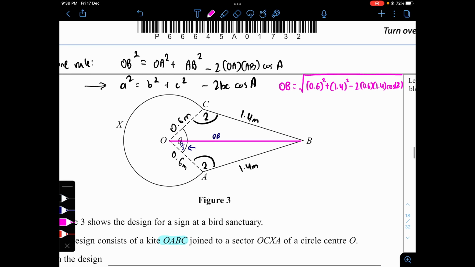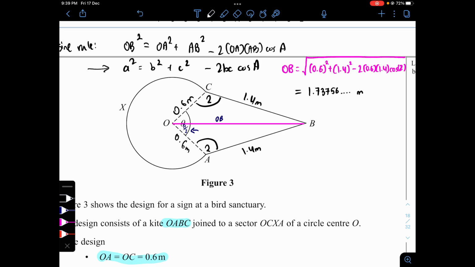Once we put this in the calculator, we get a long decimal, 1.73756, and it goes on. This is in meters. And now we know this, so now we can find the angle of this, right?